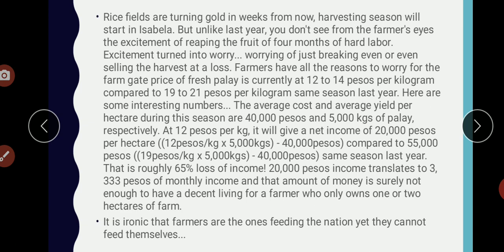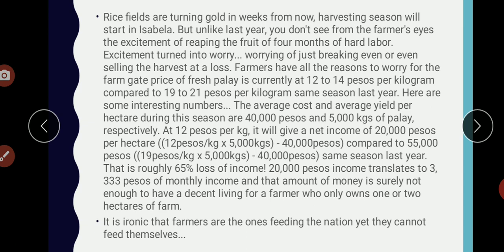Here are some interesting numbers. The average cost and average yield per hectare during this season are 40,000 pesos. So 40,000 pesos is the average cost of producing 5,000 kilograms of palay, and the average harvest is 5,000 kilograms of palay, respectively.